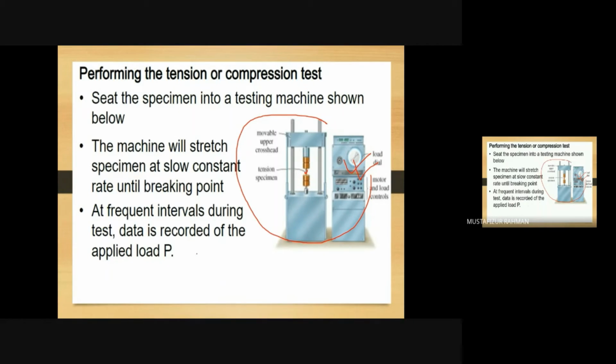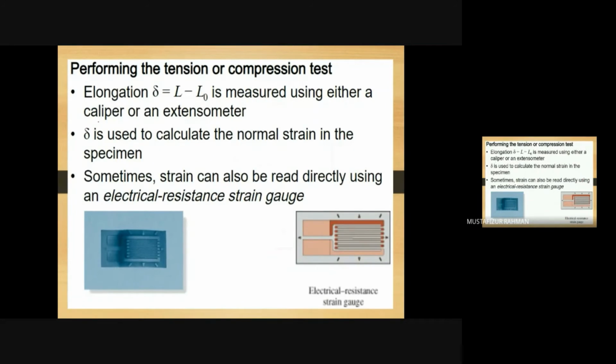We will note down what load was applied, what is the elongation, what is the change in length. Say the elongation is L minus L naught, where L naught is the original length and L is the final length after applying the load.